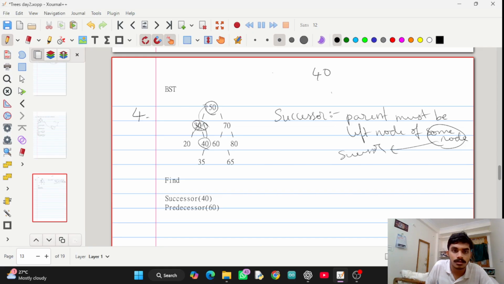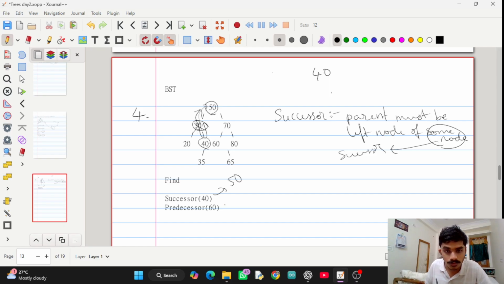Hence, the successor of 40 is 50. To simplify this, we can say that at each level it goes up and compares itself with the parent and checks whether it is a left node or not, in case of a successor.